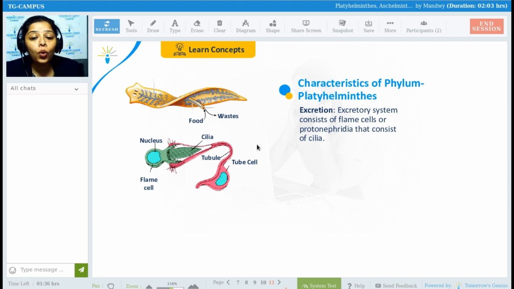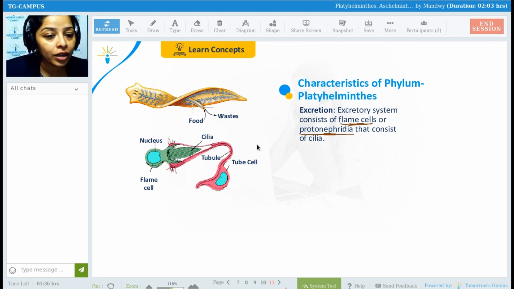Excretion. They don't have a well-developed excretory organ, but they have a structure which is called flame cell or protonephridia. The underdeveloped or incomplete excretory system is called protonephridia or flame cells.